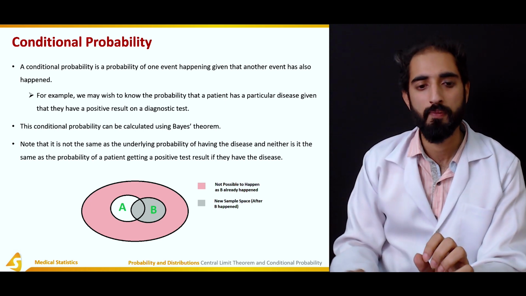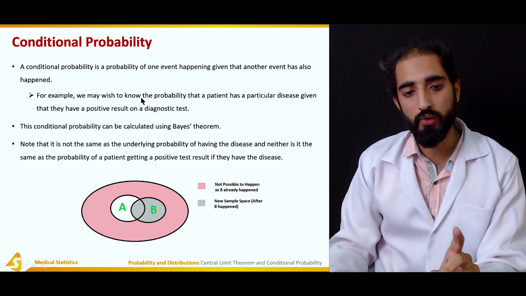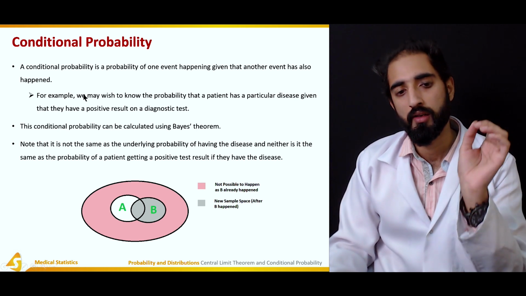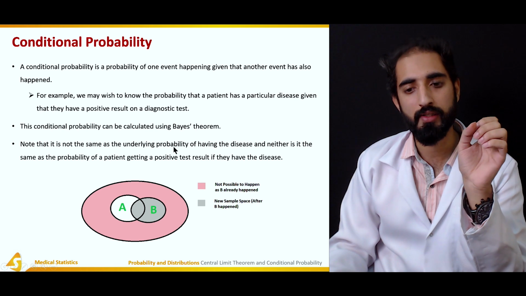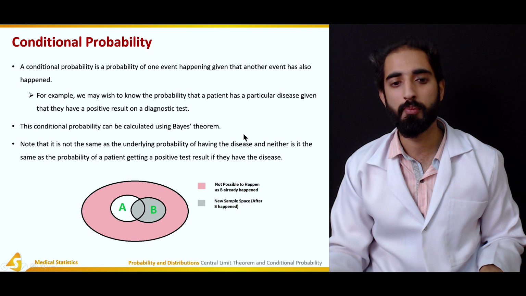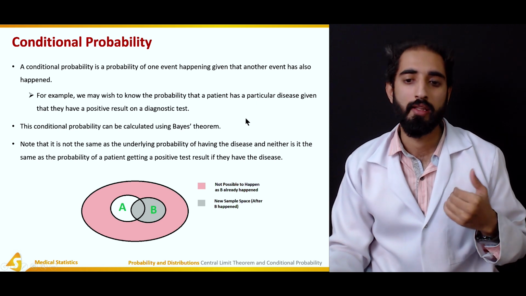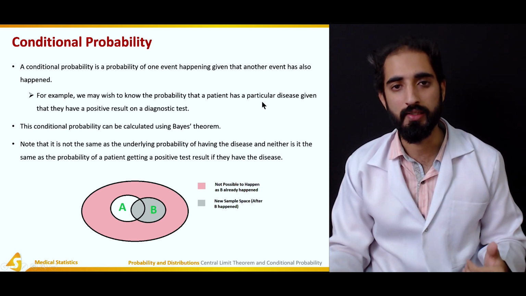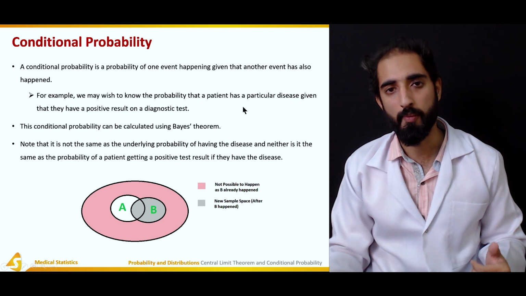But before that, it is very important to know that the underlying probability of having the disease is a different thing as compared to the probability of having the disease when you have a positive result.